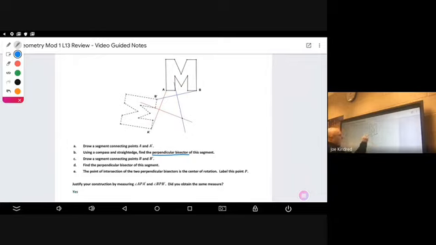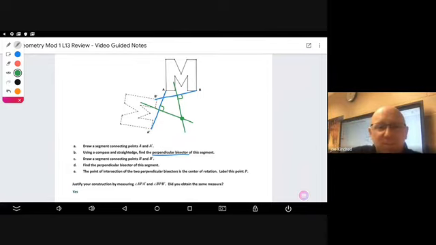In this case, they constructed a line from A to A prime and a line from B to B prime, and then in green they constructed the perpendicular bisector of each of these. The intersection of those two perpendicular bisectors is your point of rotation.